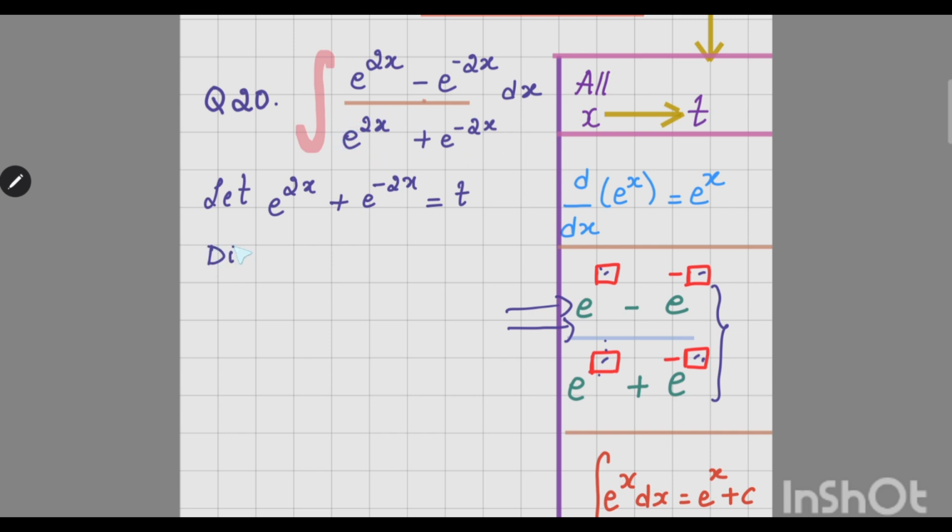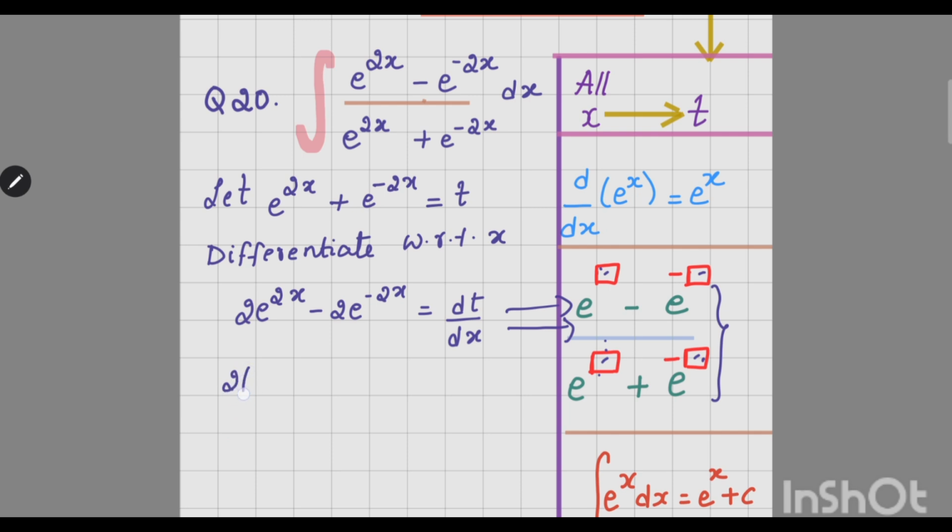Now we will differentiate with respect to x. So if you differentiate e to the power 2x, you will get 2 into e to the power 2x, and if you differentiate e to the power minus 2x, we will get minus 2 e to the power minus 2x, and this will be dt by dx.